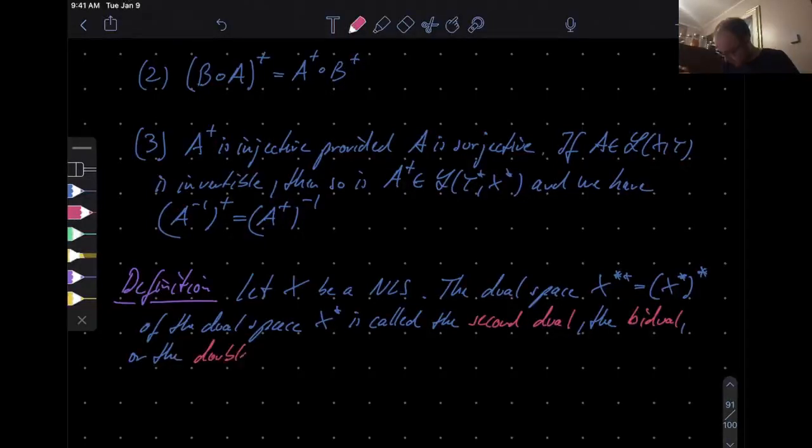I think bidual and double dual are what I usually use. I don't think I ever use second dual of X. Okay, so that is it.